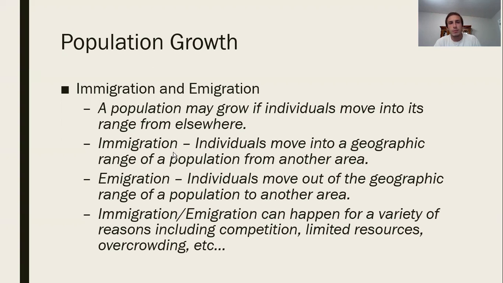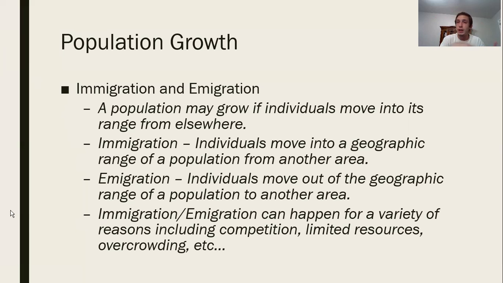They're both dealing with moving from one area to another. But the easy way to remember this is that immigration with an I is moving in to an area, and emigration with an E is moving out, or you could say exiting from that area.